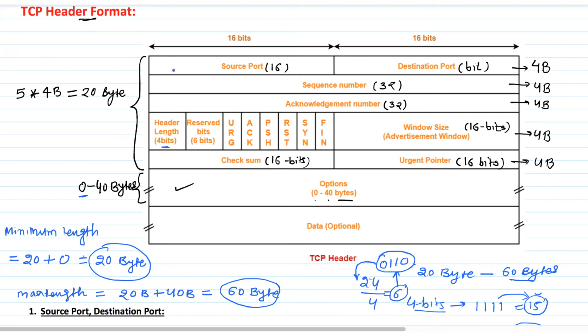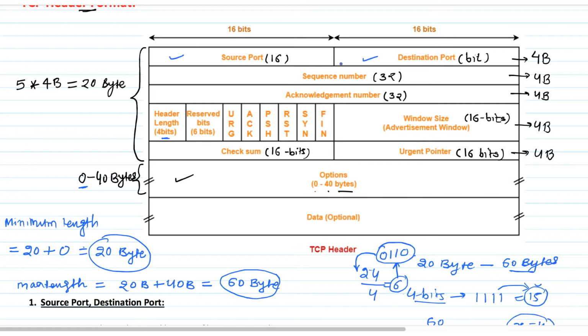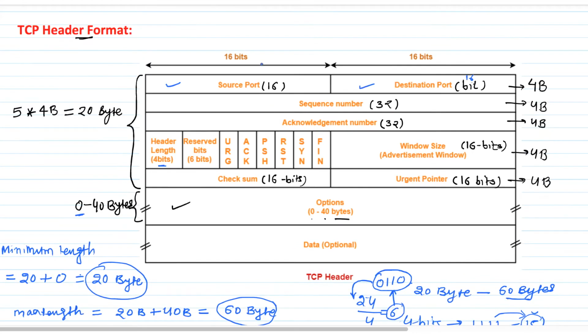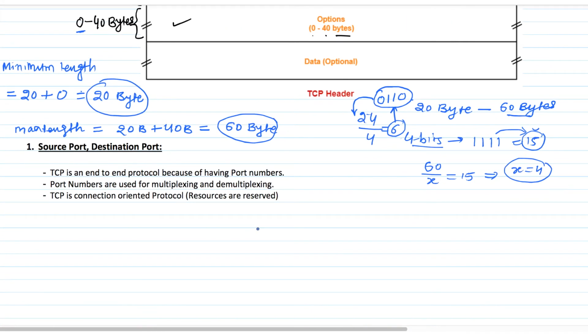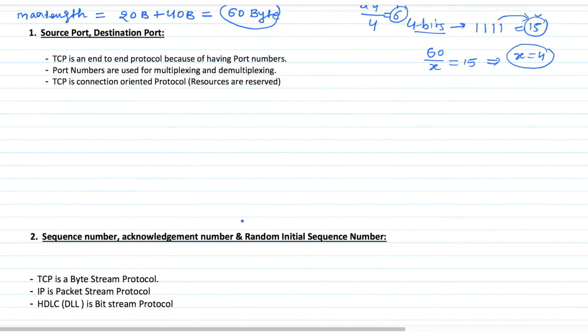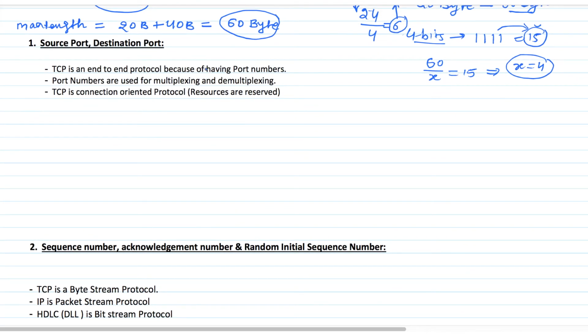The first row is about the source port and destination port, which are 16 bits long. The first question is why we use these 16-bit source and destination ports. As we know, TCP is an end-to-end protocol because of having port numbers. End-to-end means it delivers a message from port to port.